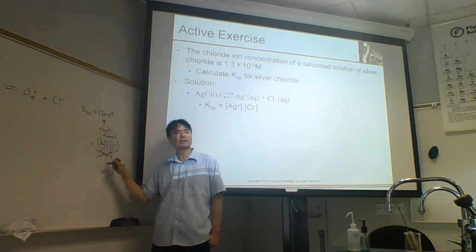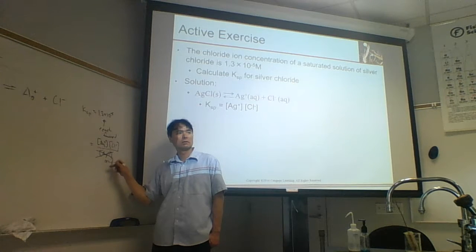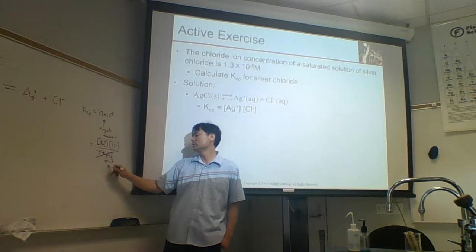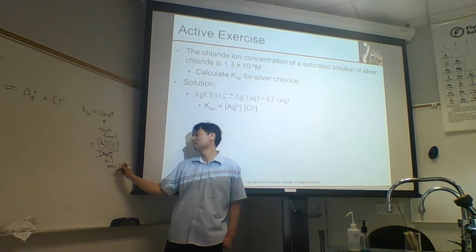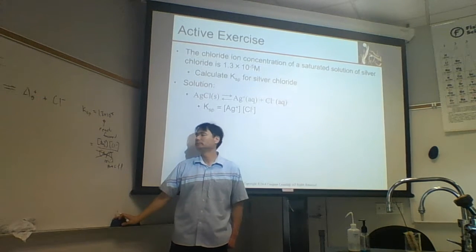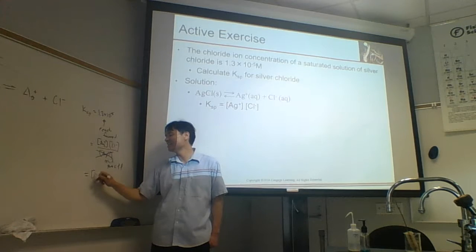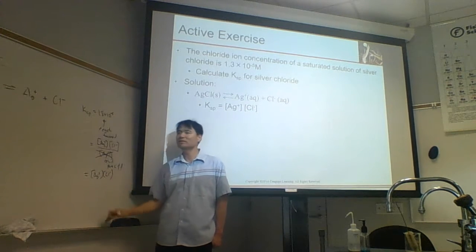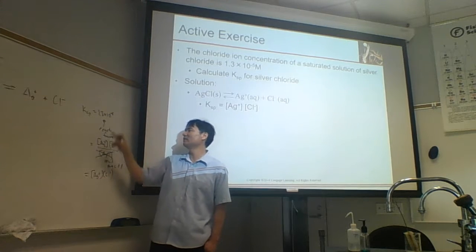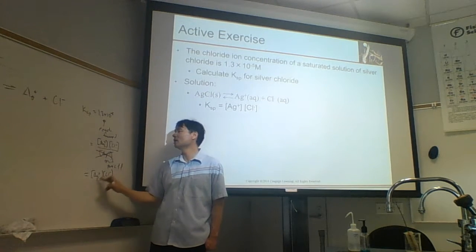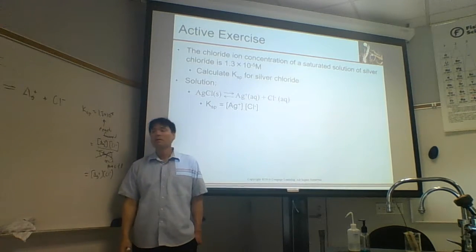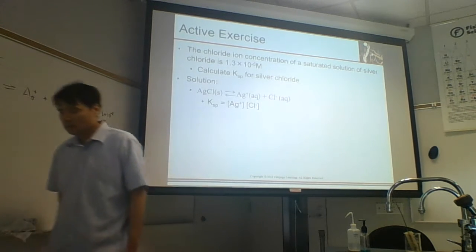Therefore, we omit pure solids and liquids. And so it just ends up that this comes out to silver ion times chloride ion. So at the end of this reaction, we have to have the silver ions and the chloride ions make this ratio.